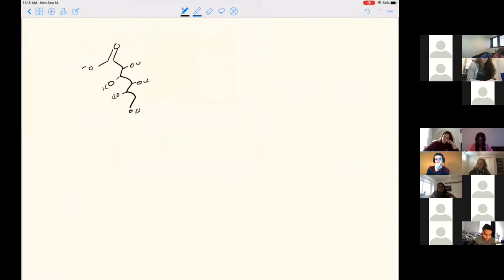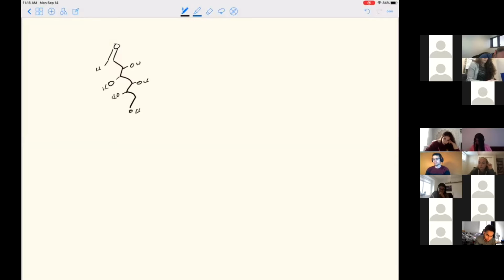Oh no, that's an aldehyde, not a carboxylic acid. 1, 2, 3, 4, 5, 6. So the ring closing reactions here.